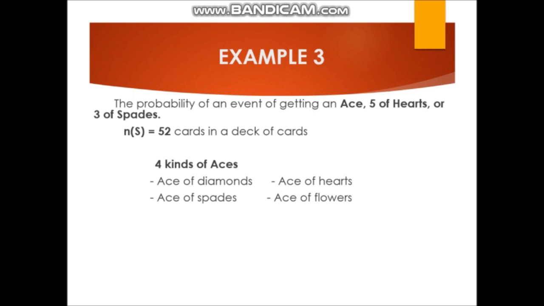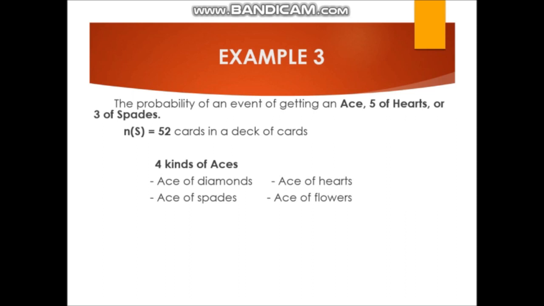But then since that we are identifying the probability of an event, we need to identify how many events we have in this problem. So we have here 4 kinds of aces. So that are ace of diamonds, ace of hearts, ace of spades, and ace of flowers.